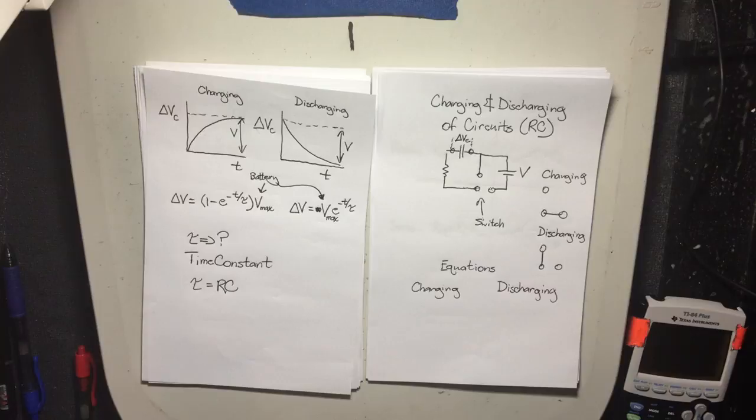So if e raised to the 0 is 1, the equation on the left becomes what? 0. So when you're first charging a capacitor, the potential difference is what? 0. Okay.